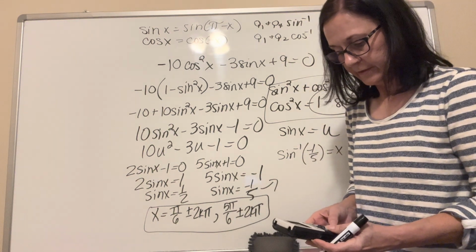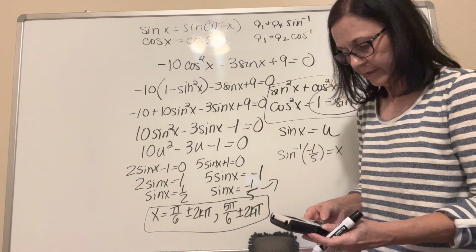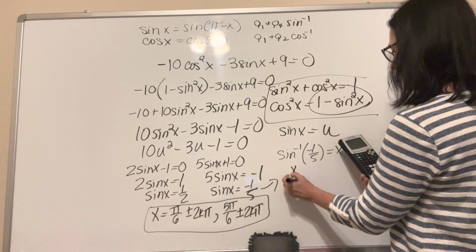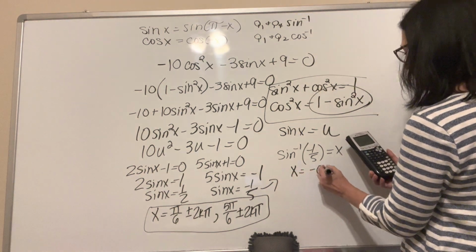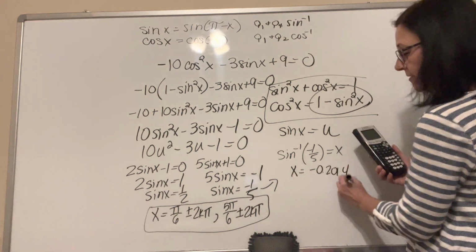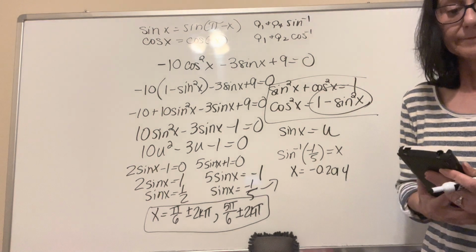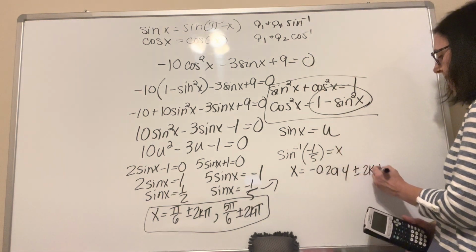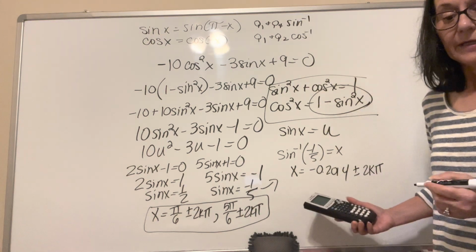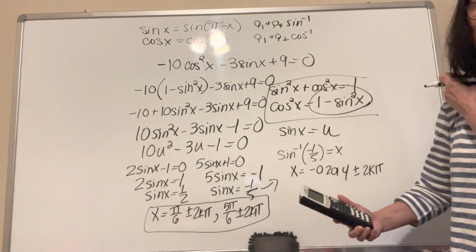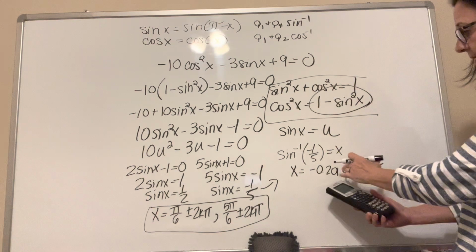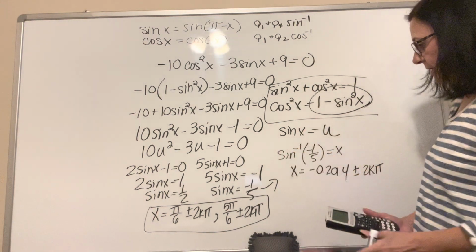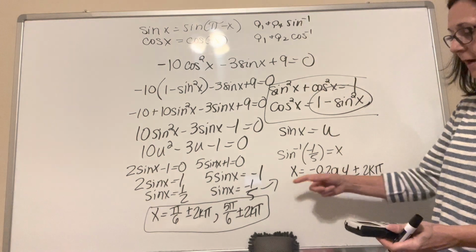So I do second sine negative 1/5, and I have x equals negative 0.2014, and that's going to be plus minus 2k pi. And then I'm going to do pi minus that. So it'll be pi minus a negative, which is positive. So I'm going to really do pi plus.